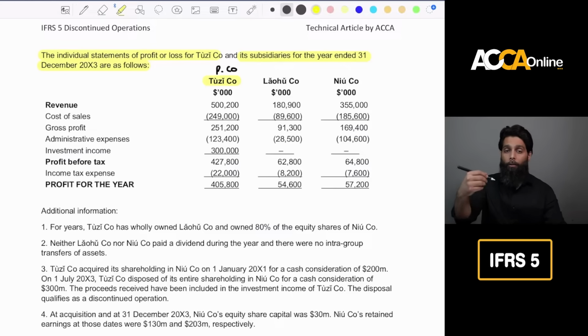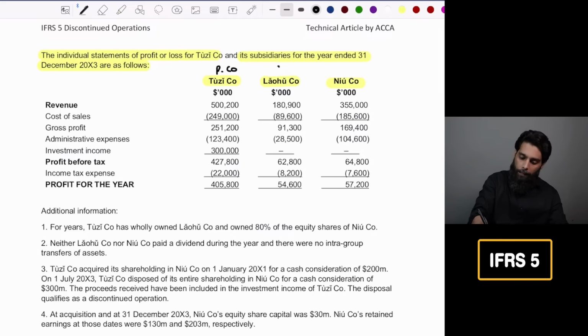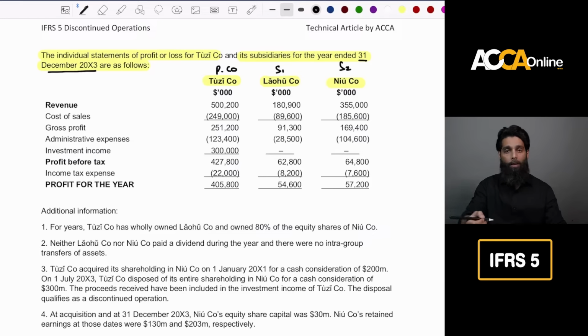And then there are two further subsidiaries which have been presented in front of you, Lao company and Neo company. So Lao company is, for example, your subsidiary number 1, and Neo company is your subsidiary number 2. And the accounting year end that we are discussing here is 31st of December 20x3. So 3 individual profit or loss statements are present in front of you.